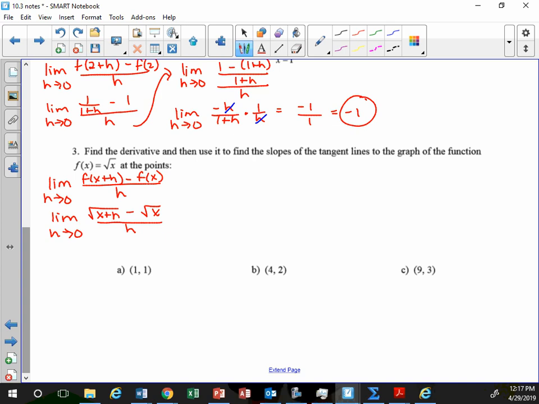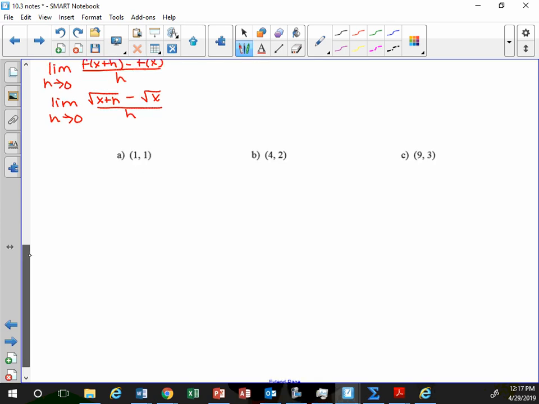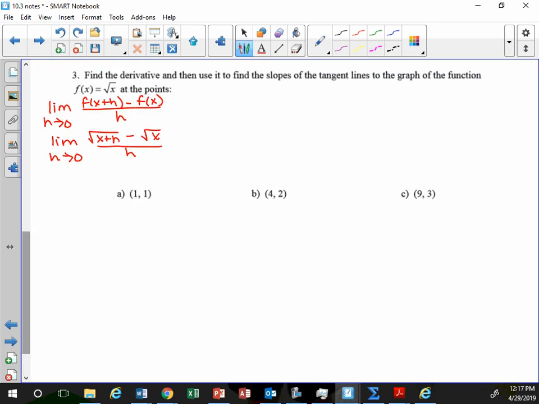Okay, so I'm trying to evaluate a limit. I can't yet. So what do I do? Conjugate. Yes. So square root of x plus h plus square root of x.